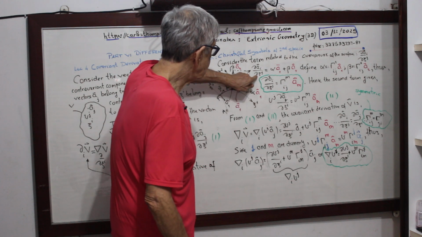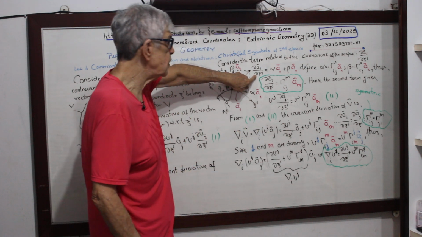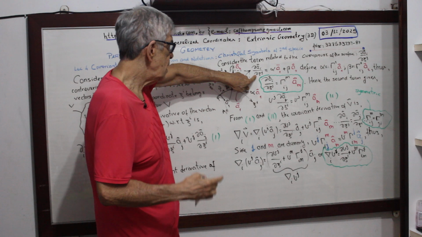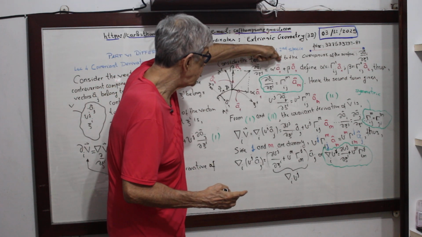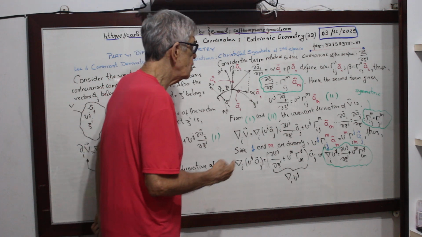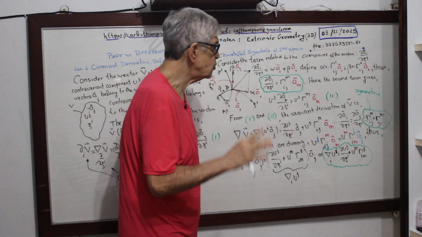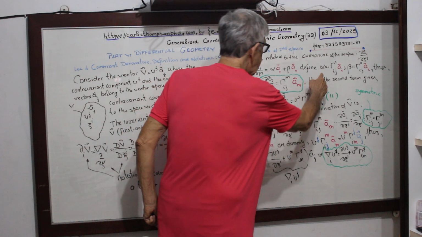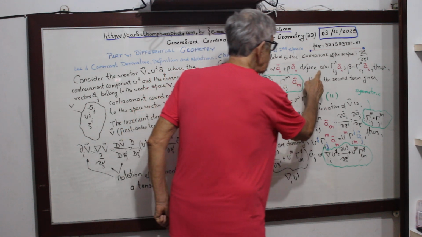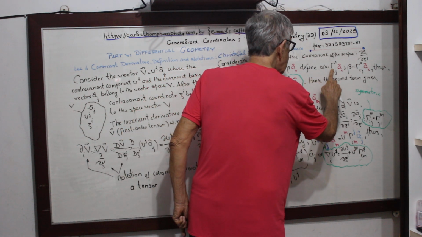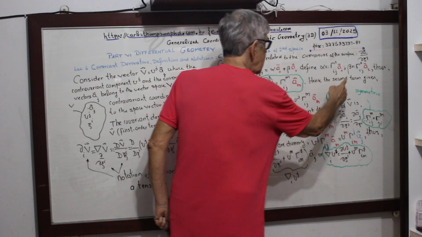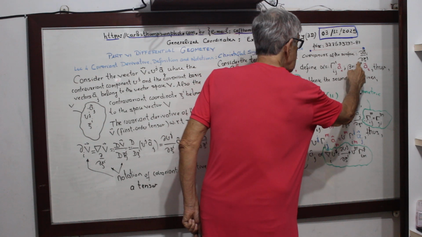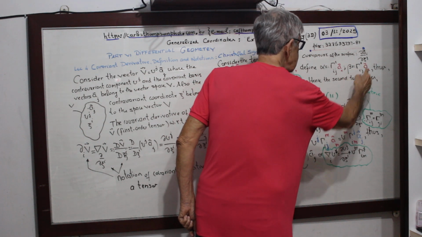I can represent this vector as a linear combination of the covariant basis vectors. So I will define, by definition, alpha as capital gamma 1 ij A1, and beta as capital gamma 2 ij A2.